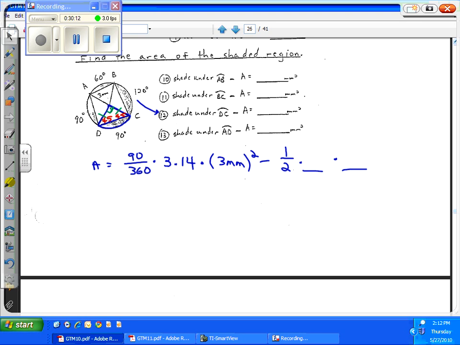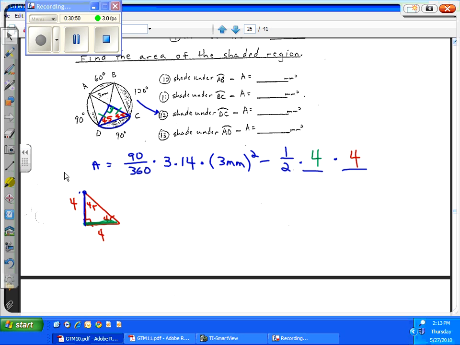Now, if we extract that, here's what we've got. If we make this base, then the other leg is the height because it's from the top straight down to the bottom. So one of our legs was our base. The other leg is our height.